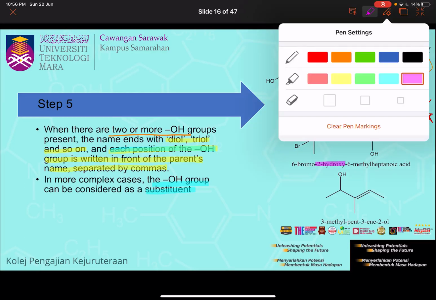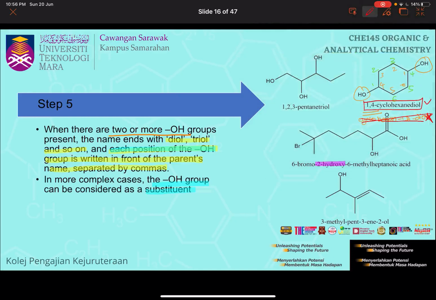So in this particular structure, the carboxylic acid has priority. Because it has priority, it gets the suffix. So now the OH group becomes a substituent known as hydroxy, so it is placed in front. This one you'll see most commonly, I think, in chapter 4, if you have not forgotten.